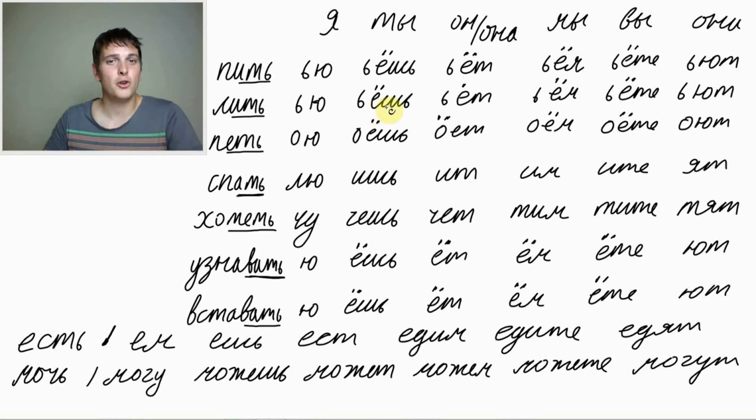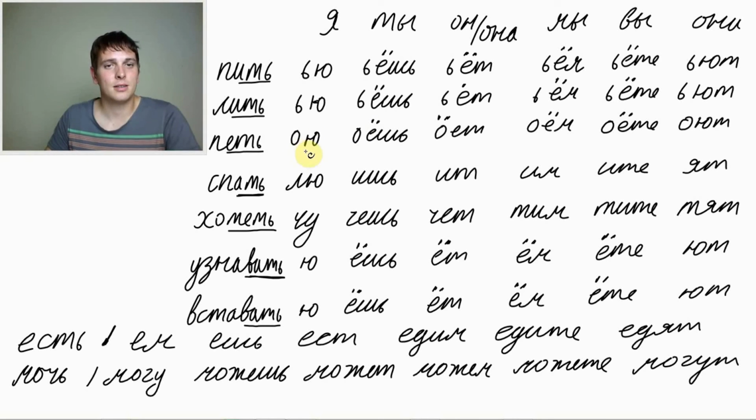Ты льешь воду. We are pouring water. Мы льем воду. And you in plural are pouring water. Вы льете.